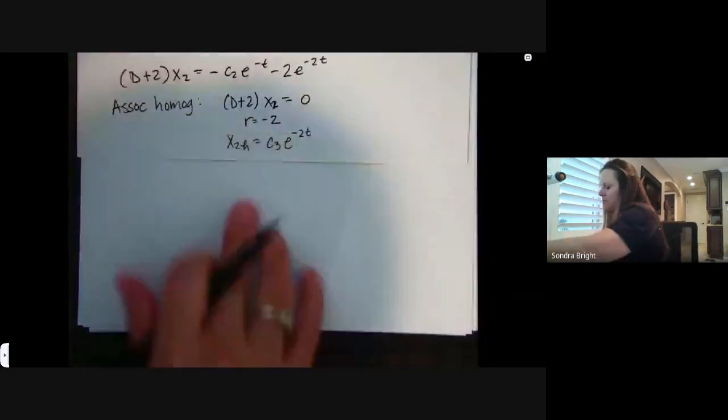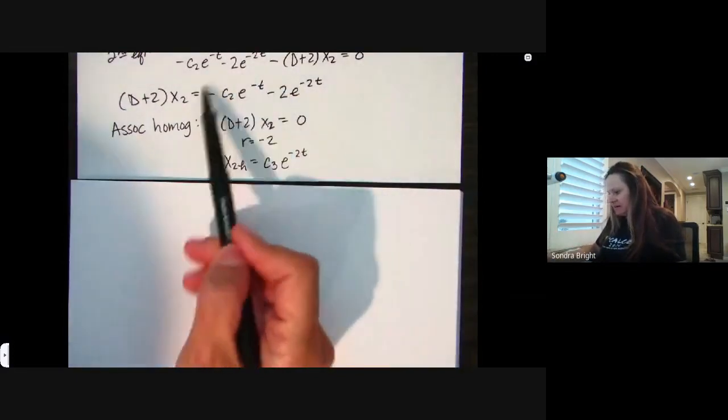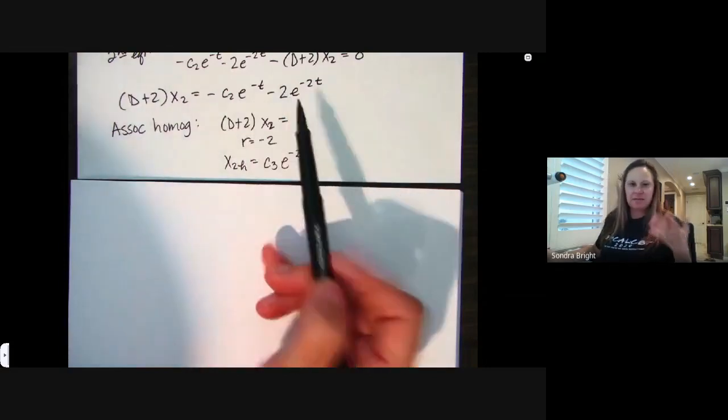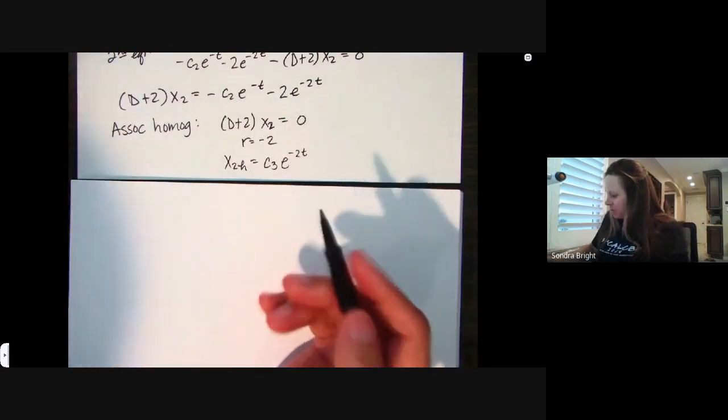Okay, do you remember that rule? We need to find the annihilator of the right-hand side. But remember, there was a theorem that said you can find the annihilator of this guy and the annihilator of that guy and combine them together. So I'm going to do them separately.